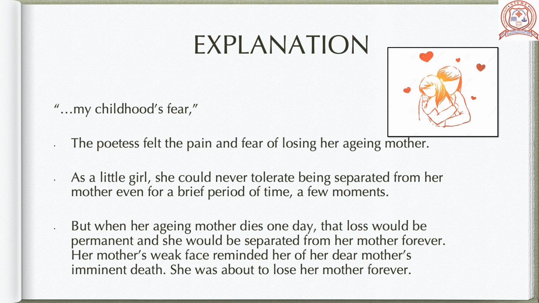As we know, man is mortal, everyone has to die someday. But she cannot accept the fact that her mother will also die. So she has this separation anxiety, from the fear of losing her mother.